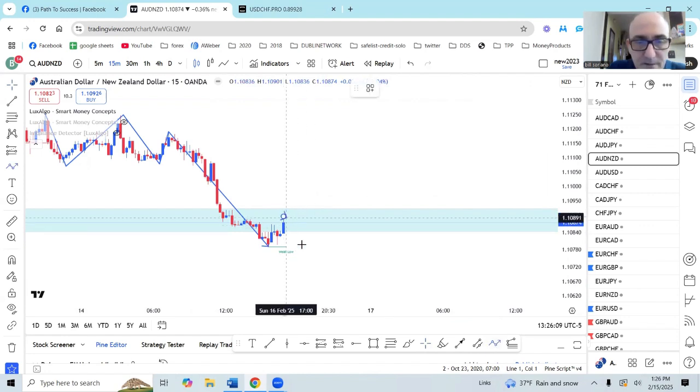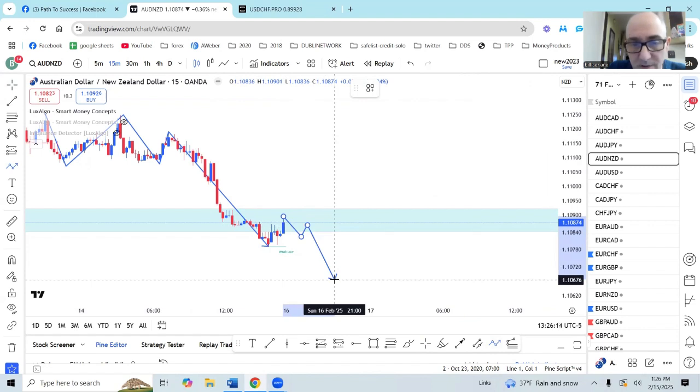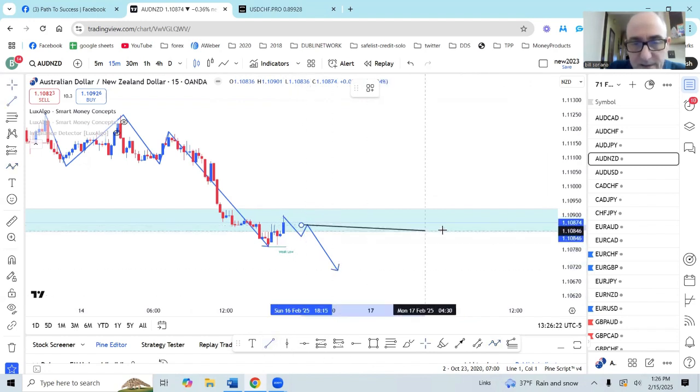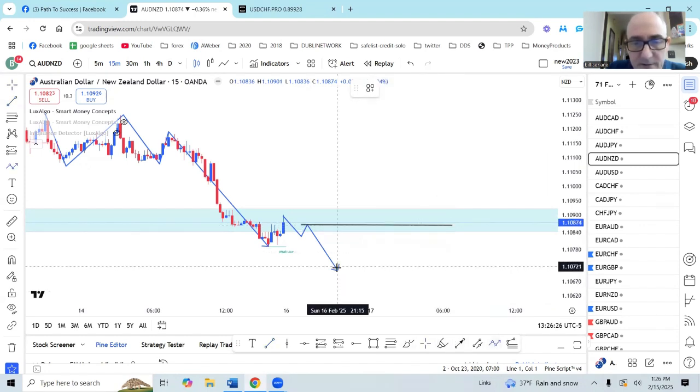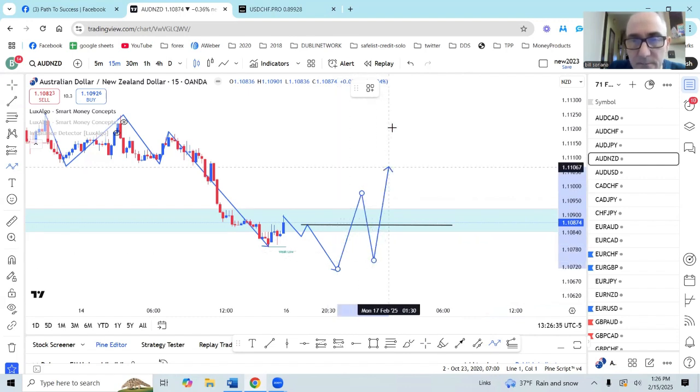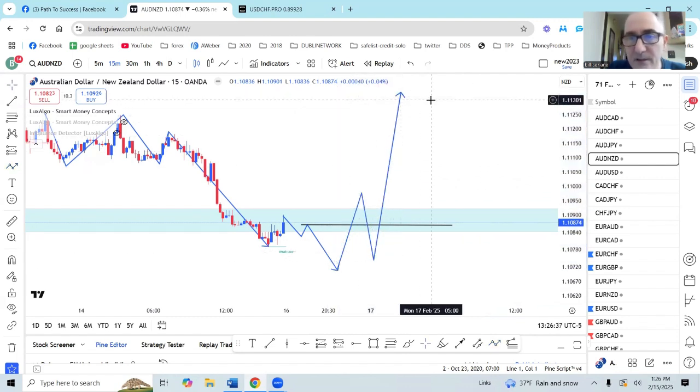So if price comes down like this and then makes a new low, now we have a new swing high right here, right? And so now, if price breaks that, you have the change of character to your upside. You can identify a valid, refined demand zone down here before price moves higher. So that's what you can look for in AUD NZD, guys.